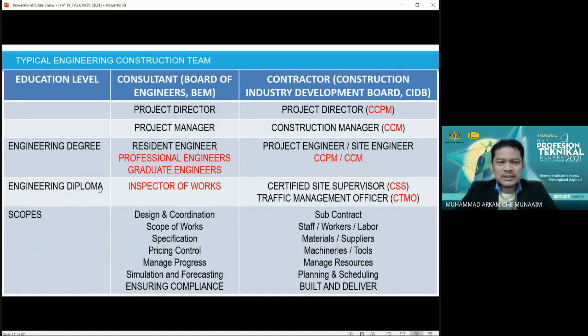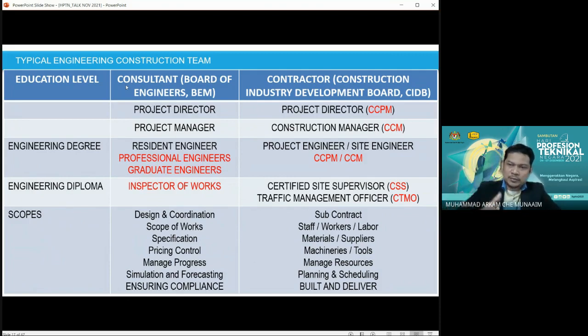So in our system, if you get the engineering diploma from, for example, the Dublin Accord, EAC, the Engineering Accreditation Council or the Engineering Accreditation Department of the Board of Engineers, basically, they are on the inspectorate scope of work. They inspect the work done. So from this point of view, the engineering diploma holder working with a consultant will look into the compliance thing.